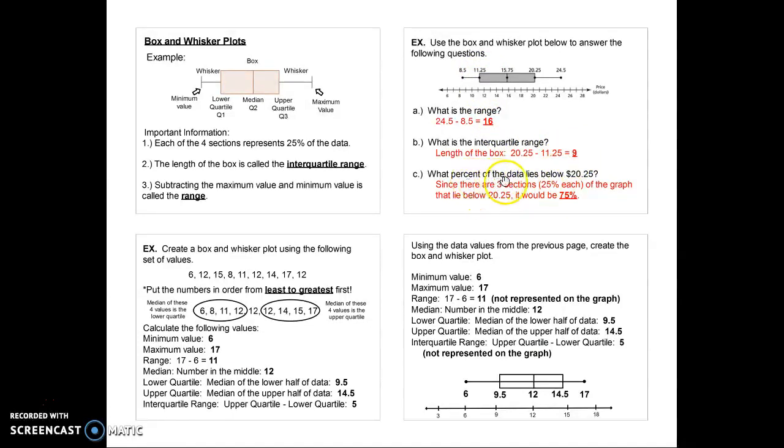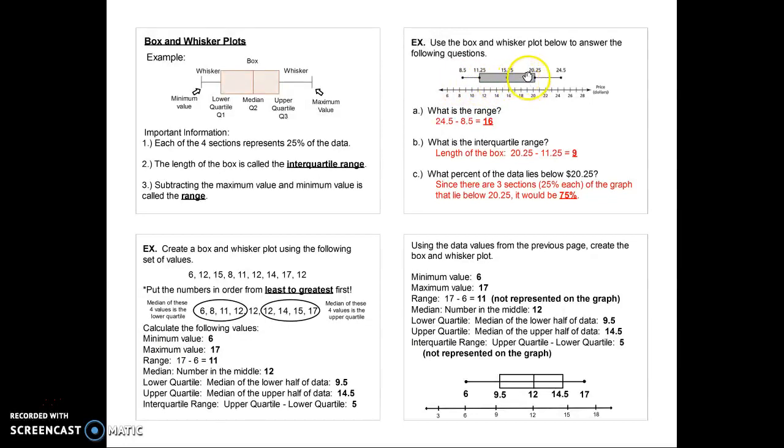Now, what percent of the data lies below $20.25? So you have to find that on your box and whisker plot. Now that's here, that's your upper quartile, that's your Q3 value. So from here, what percent of the data lies below that? So that's everything here down to the bottom.